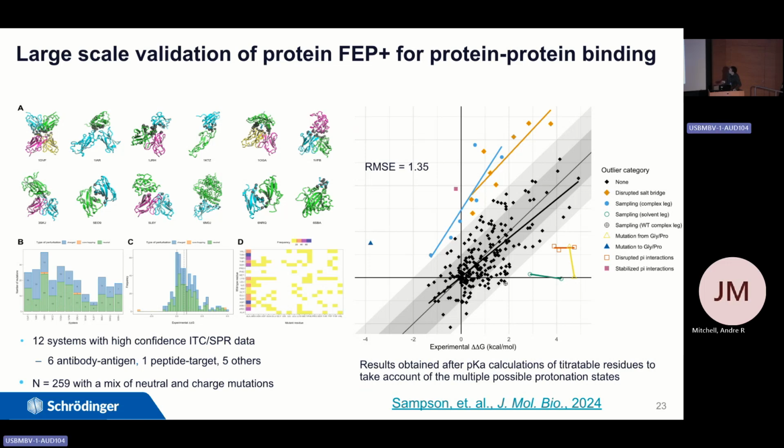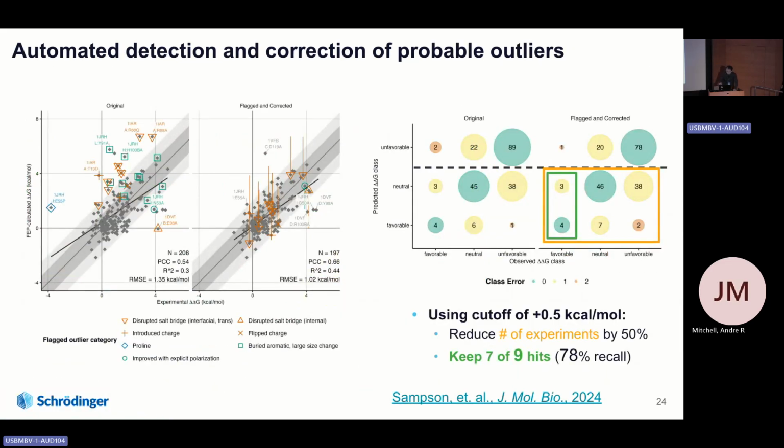So here are the results. The RMSE between prediction versus experiment is 1.35, not perfect accuracy as compared to small molecule binding, but you still have a pretty high classification accuracy, and only less than 10% of the mutations have error bigger than 2. And more importantly, after carefully analyzing the outlier cases, we have developed an empirical method that can flag what kind of mutations are likely outliers in FEP calculations prior to the calculation.